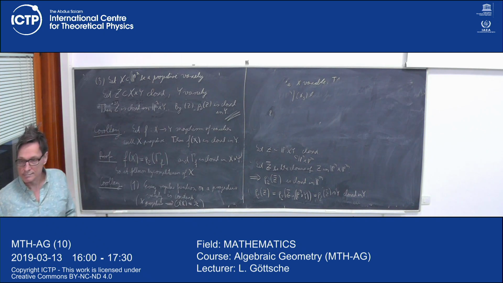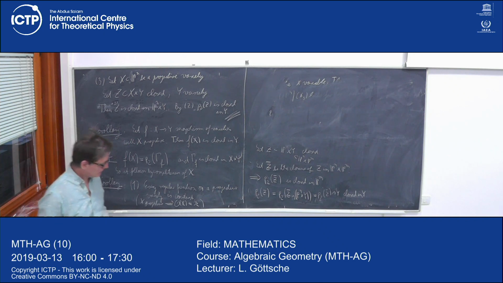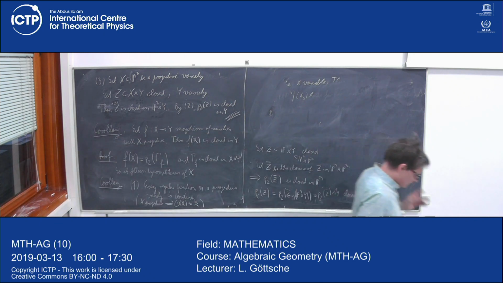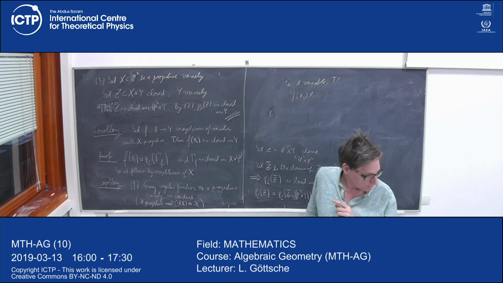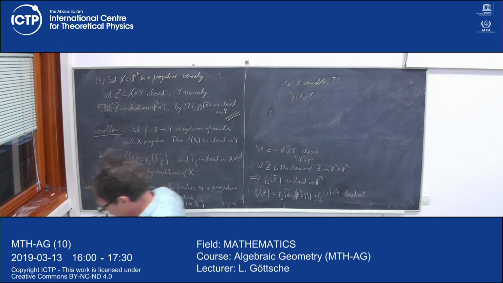Is this somehow related to the Weil theorem? Well, yeah. If you work over the complex numbers, and you have a complex submanifold of projective space, well, it is somehow related.